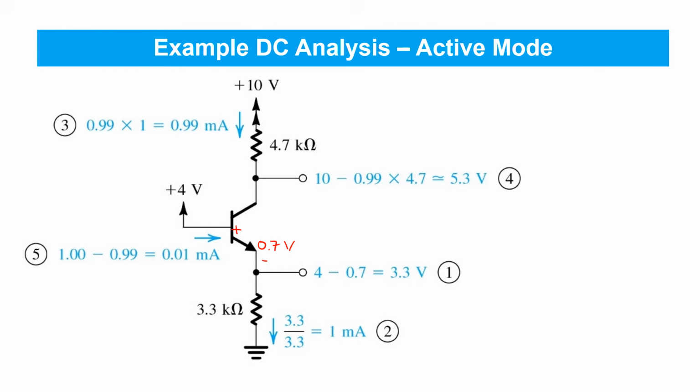So we should do one final check on the analysis, which is, let's look at the collector emitter voltage here and ensure that it's greater than or equal to 0.3 volts. In this case, it's 5.3 minus 3.3 volts, so 2.0 volts, certainly greater than 0.3 volts. So our original assumption that we're in active mode was correct. And we're done.